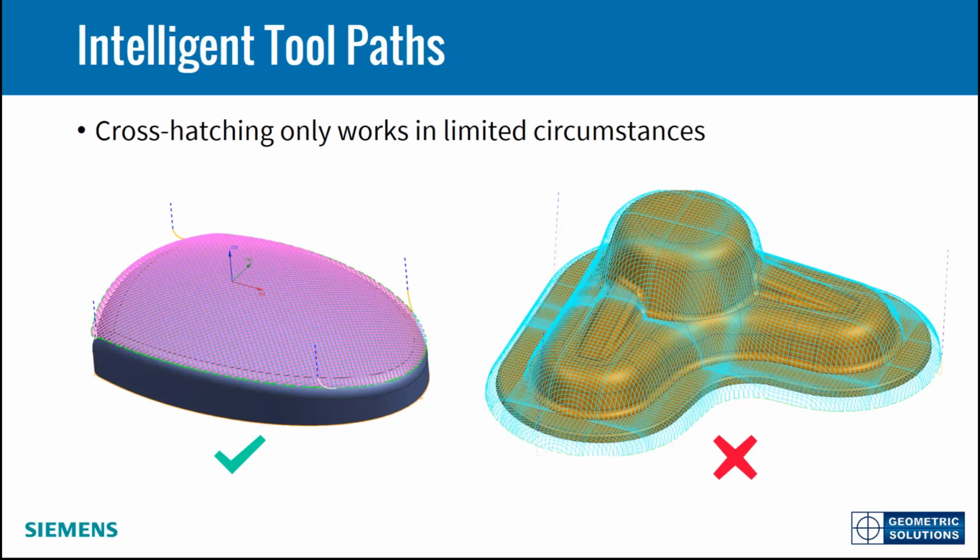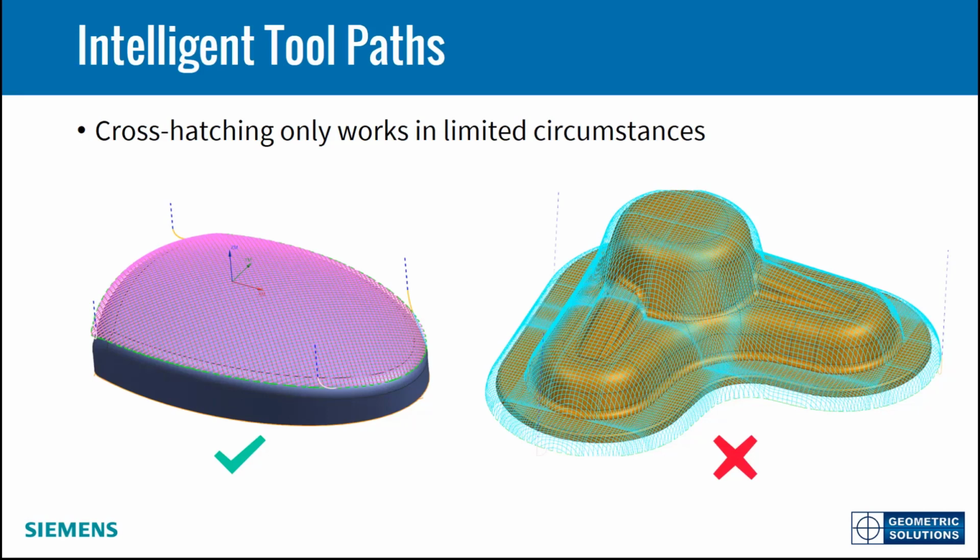Now we talked about this a little bit ago, but it was the intelligent toolpaths. As I mentioned, in some situations the cross-hatching works fine, but not in all situations, or even with all types of materials. Some materials like titanium don't like to be remachined.